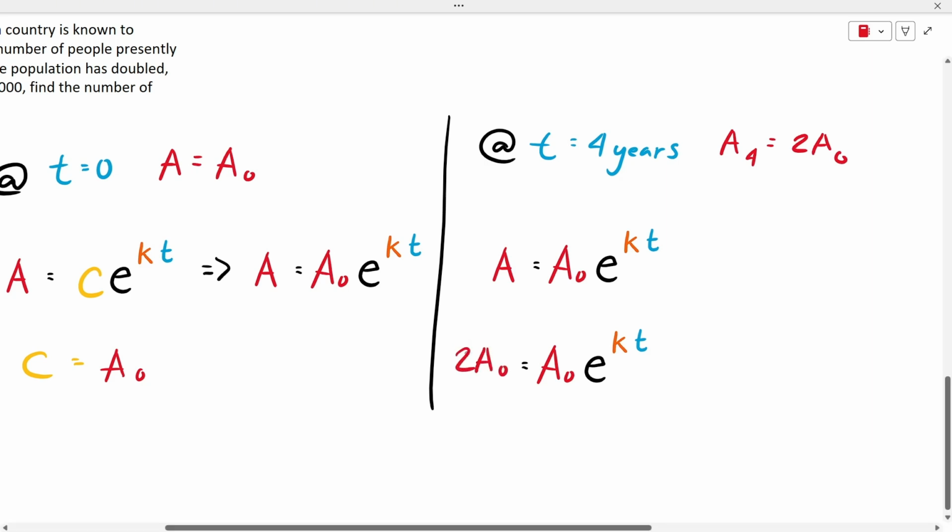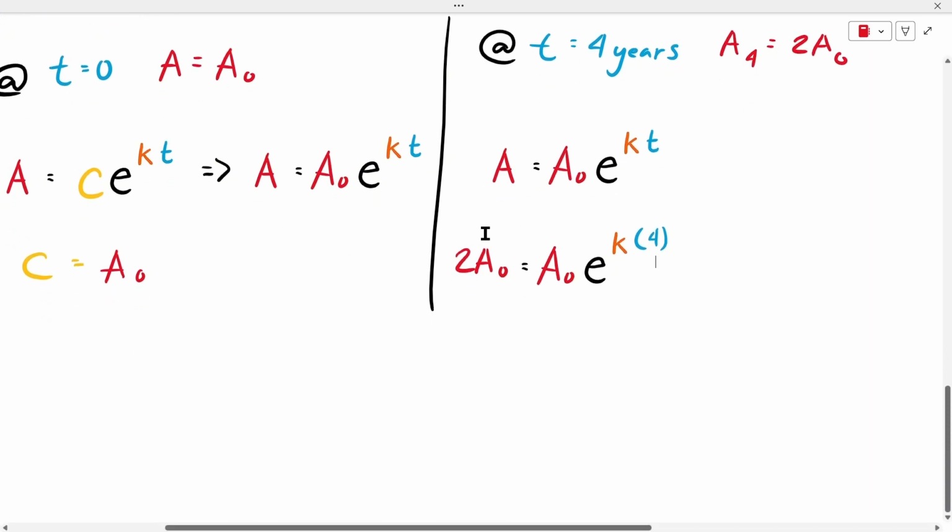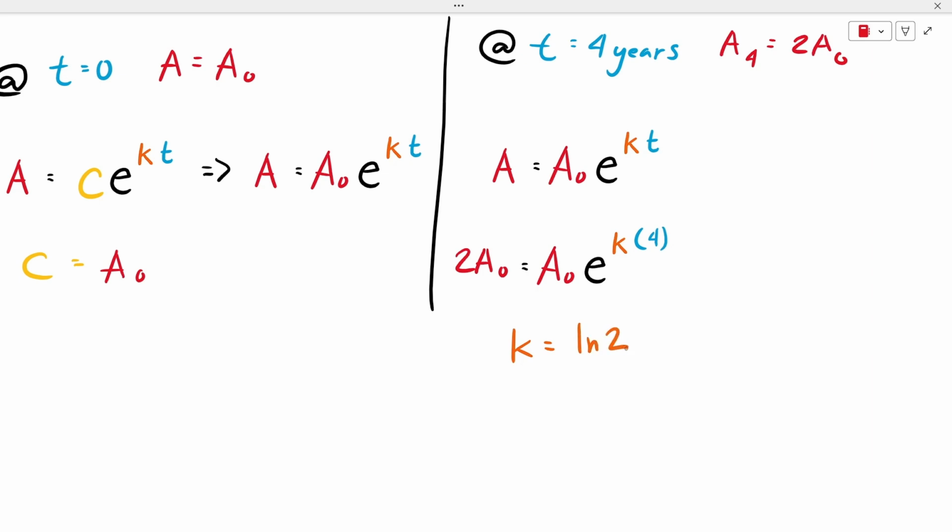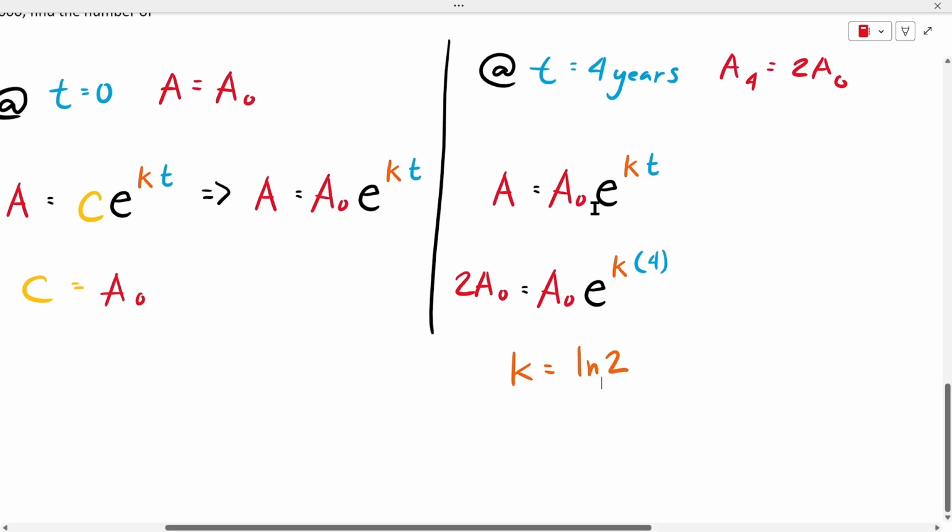And this t value will be replaced by 4, indicating 4 years. If we simplify this, we could get the value for k, the proportionality constant, and that is ln of 2.